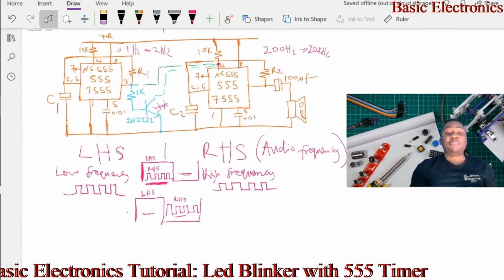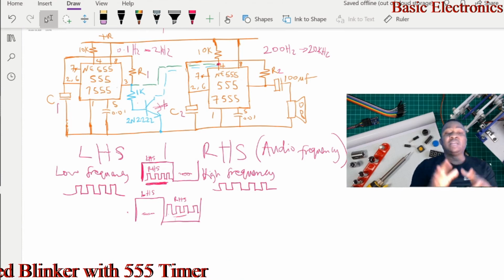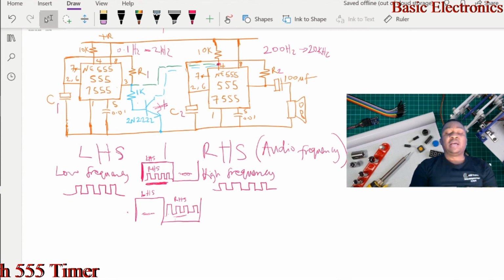Alright, so I just saw something in this circuit and I thought I should mention something about it. What we're going to do in a couple of weeks' time is look at drawing electronic circuits, the right way to draw electronic circuits. Maybe in 3 weeks' time, because we have things lined up for the next 2 weekends.